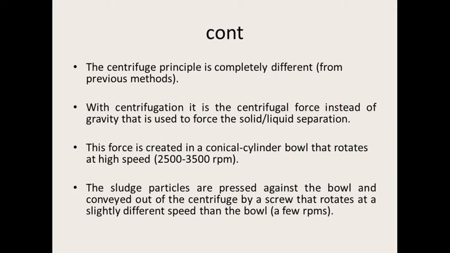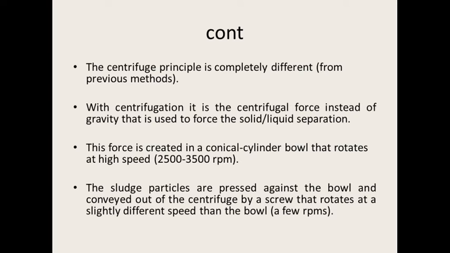So the centrifuge principle is completely different from the previous methods. With centrifugation, it is centrifugal force instead of gravity that is used to force the solid and liquid separation.